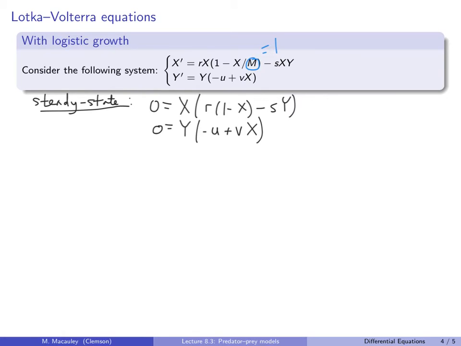How about if I just tell you what the solutions are, and then we will go over it with the nullclines. Actually, no, let's do it the other way around. Let's do the nullclines first. So the x nullclines, this is when x prime equals 0.